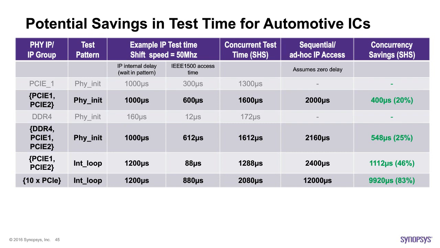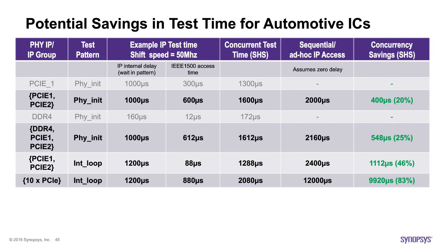And it depends on the test pattern that I'm running: initialization pattern is different, internal looping, external looping, built-in self-test. There are different modes, different patterns for each one of the IPs. Gladly, with our Synopsys IPs, we do provide these different modes already automated and ready for SHS utilization.